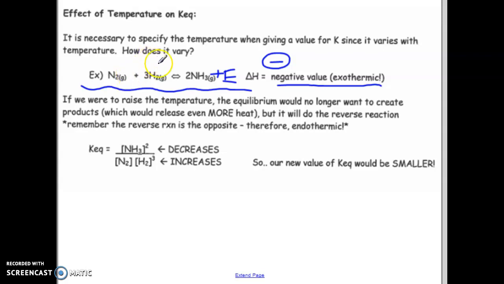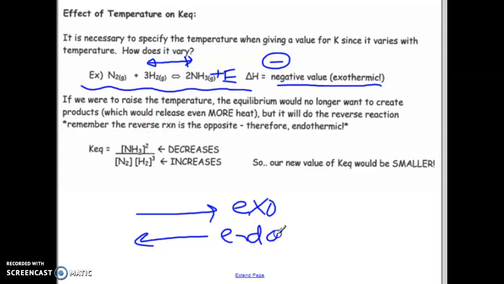So if the forward reaction is exothermic, meaning energy is a product, if we were to start discussing the reverse reaction, remember, that is read from right to left. That means that if the forward reaction is exothermic, the reverse of that reaction is endothermic, right? And vice versa. If the forward was endothermic, the reverse would be exothermic, because forward is producing energy.